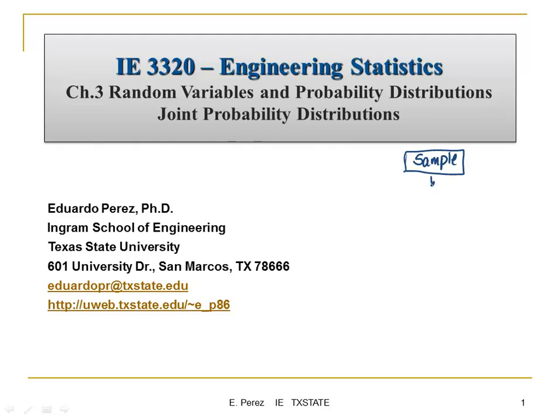Then we define what an event is. And an event is a subset of your sample space. So it's part of the sample space. Then we talk about counting sample points.